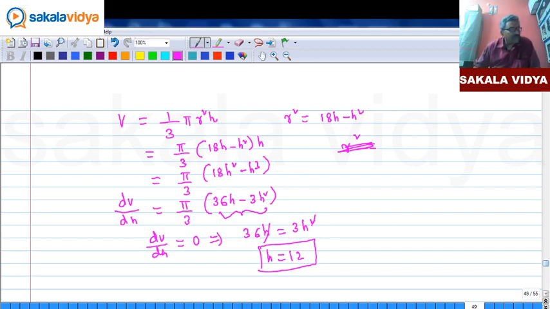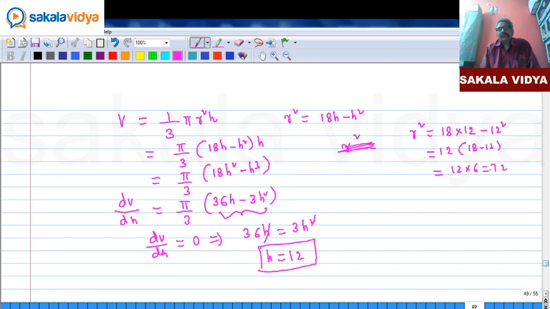We need to find the R value. R square is equal to 18 into 12 minus 12 square. Take 12 common. We have 18 minus 12, that is 12 into 6, that is 72.